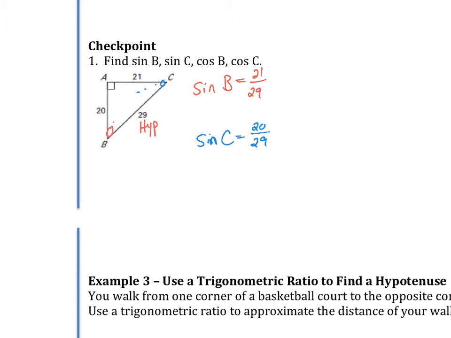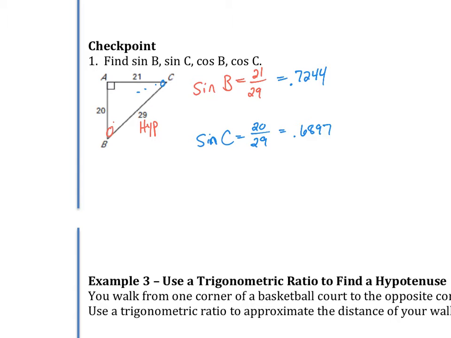Okay, and I should add that we can actually find out what the decimal is for these. So like sine of B, 21 over 29 is actually equal to 0.7244. And the sine of C, 20 over 29, is actually 0.6897. And decimal's fine. I'm also fine with the fraction.